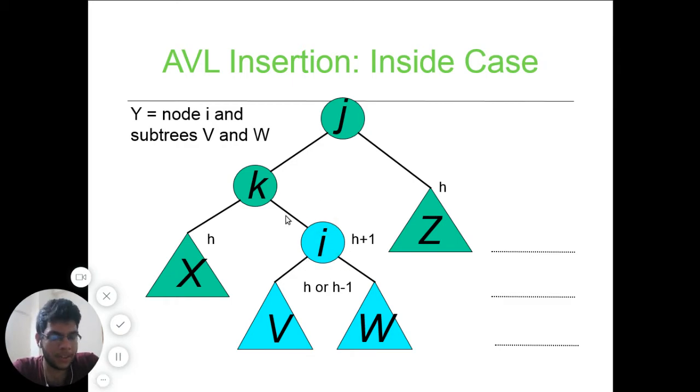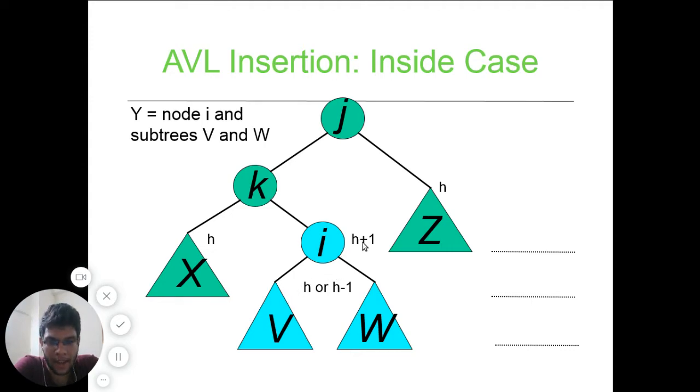Because this tree can't be totally empty since we recently inserted a node. So V and W might be empty, but there has to exist an I. Just think about it a bit.